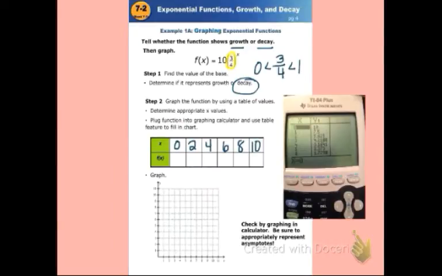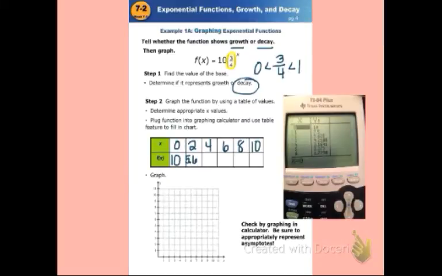If I substitute 0 into that 10 times 3/4 to the x power, I get 10. That's because 3/4 to the 0 power is 1, and 1 times 10 is 10. If I substitute in 1, I'd get 7.5, but that one's not in my table, so 2 is 5.625, which I'll approximate at about 5.6.